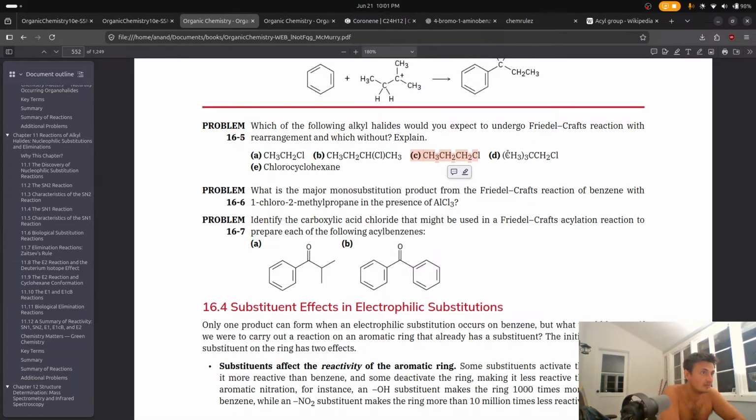D is yes. So this becomes plus. This methyl shifts. Yes, and then this yes. Okay. Oh wait, I forgot E. Part E. Chlorocyclohexane.